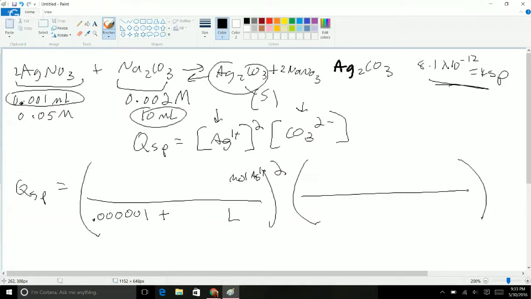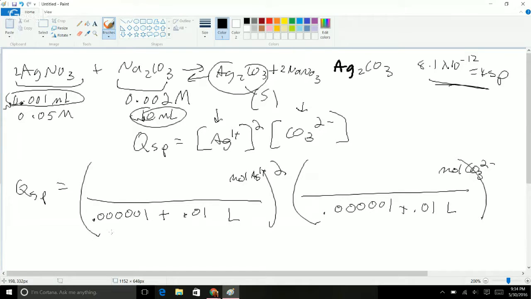That's it converted to liters, because I move it over 3 to the left, plus my 10 milliliters, which is 0.01 liters. That's my total volume, which is the same as my total liters from my carbonate over here. My carbonate, I need to get moles of carbonate ion per total volume. My total volume is the same in both cases.